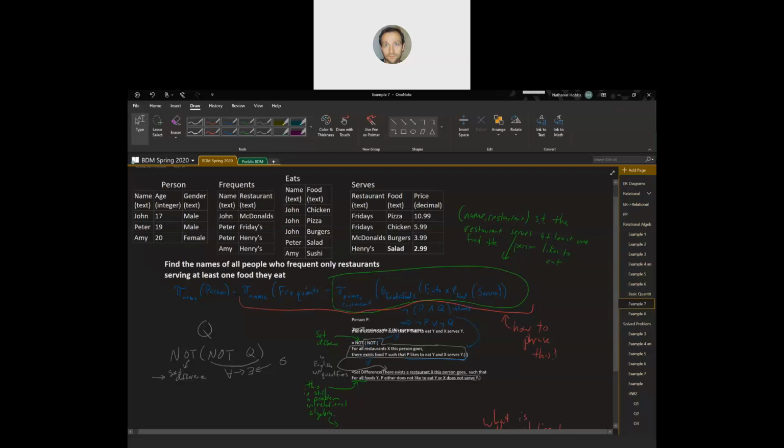And there's the restaurants that people frequent, and you're taking away from the restaurants that people frequent those restaurants that serve something that they like to eat. So, who remains from this group?